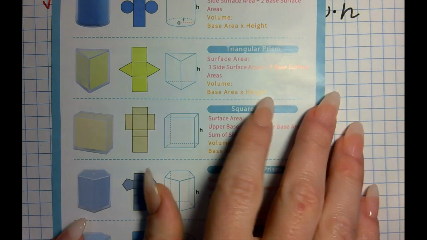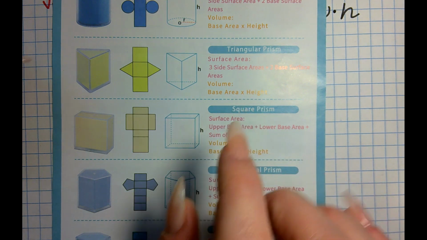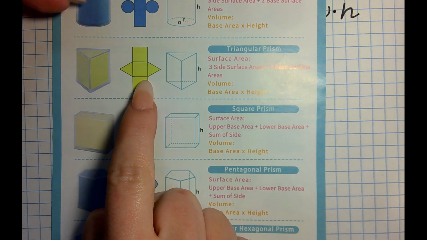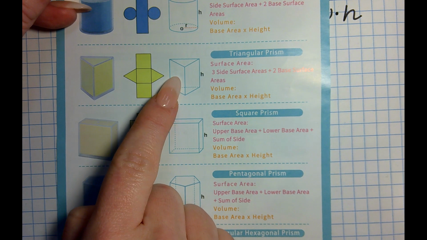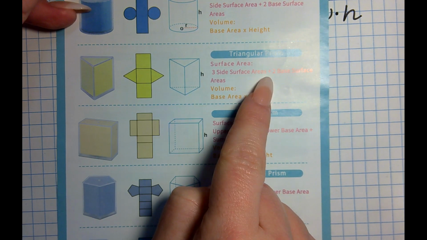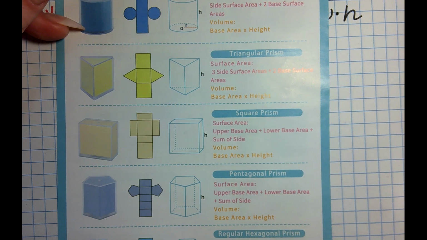Your surface area of the whole shape is going to be the area of your two base surfaces, your two triangles, and then your three side surfaces, your three rectangles. What does that word say on the side? Because I cannot see it.